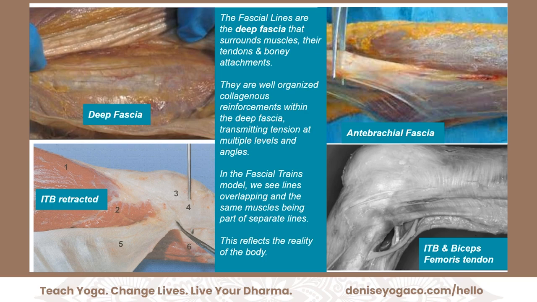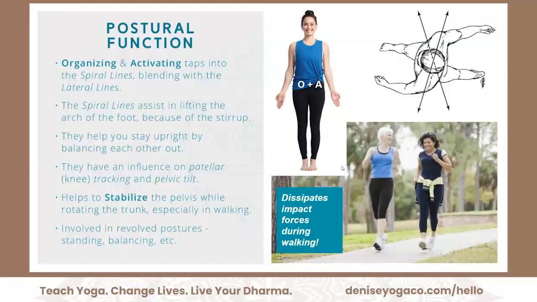I hope this tensegrity fascial line model is helping you appreciate that, because we're not robots. We're so dynamic, so fluid, and we have so much movement potential. Okay, so if you're okay with that, we'll go on to the postural function of the spiral line.